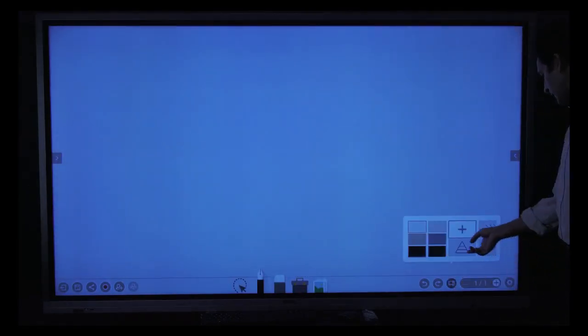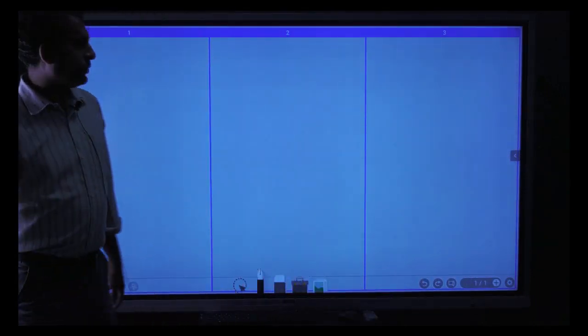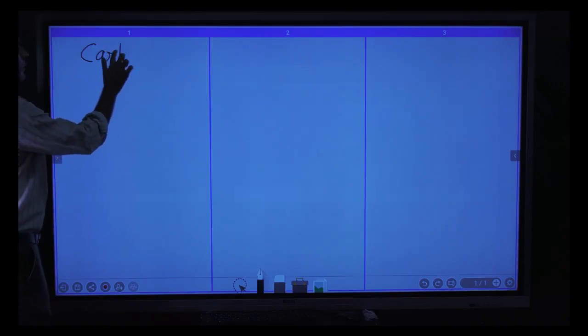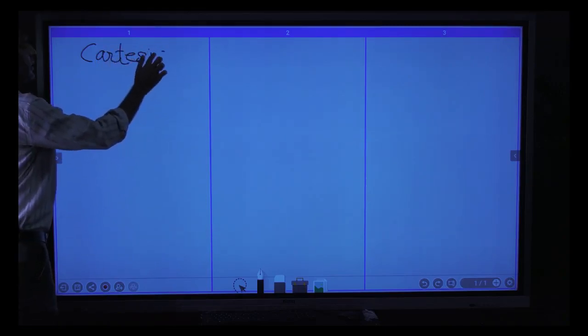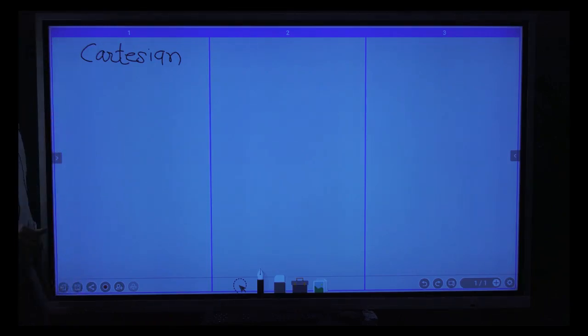For that we will use a table here. So here we will compare all three. First one is Cartesian. Another name for Cartesian is rectangular coordinate system.